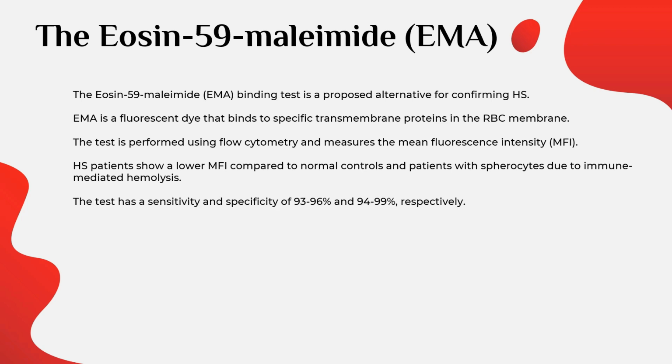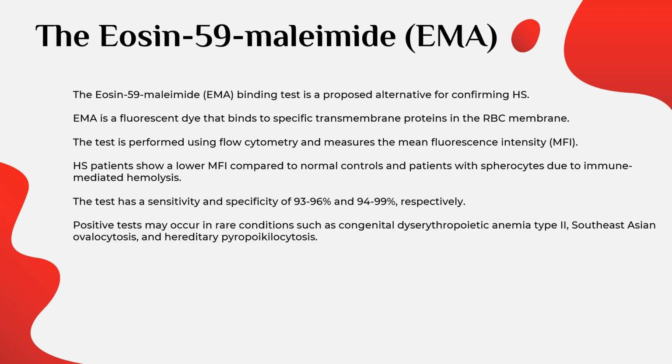The test has a sensitivity and specificity of 93 to 96% and 94 to 99%, respectively. Positive tests may occur in rare conditions such as congenital dyserythropoietic anemia type 2, Southeast Asian ovalocytosis, and hereditary pyropoikilocytosis.